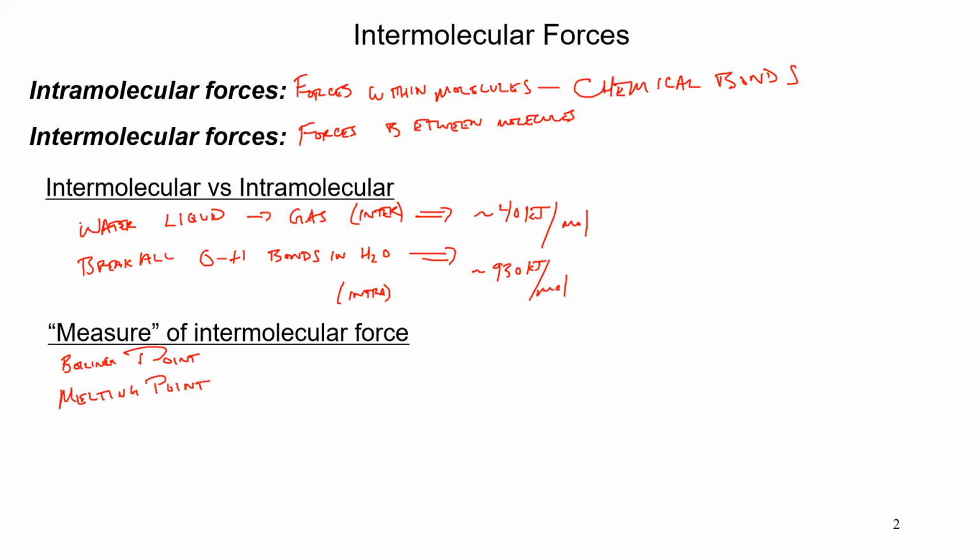Knowing what we know about intermolecular forces, what a boiling point and a melting point is, if we have a stronger intermolecular force, are we going to have a lower boiling point or a higher boiling point? Higher. That's right, we're going to have a higher boiling point.